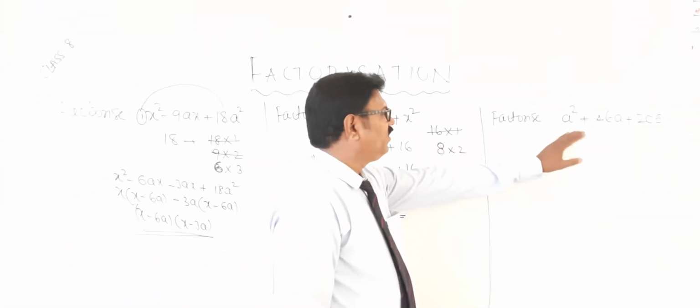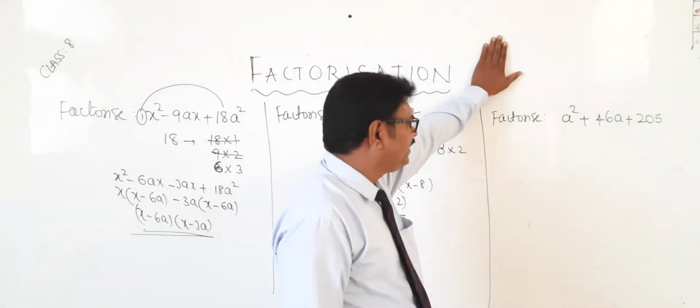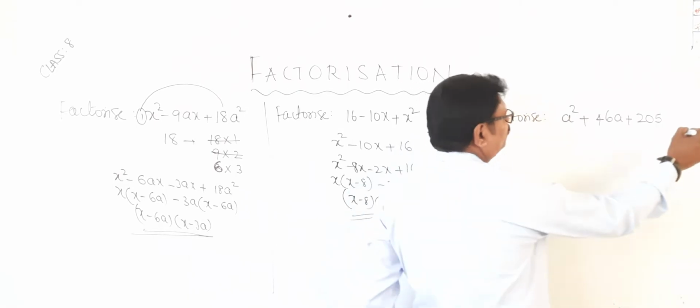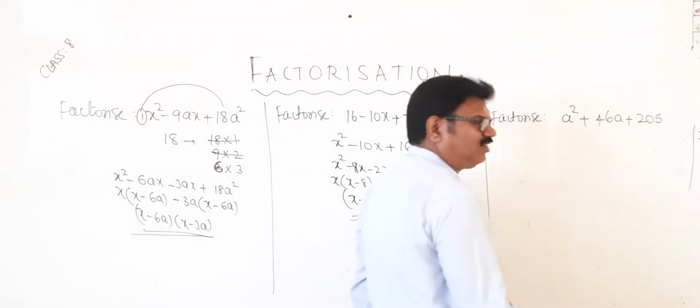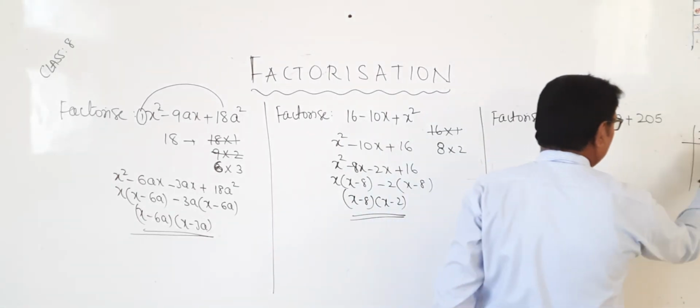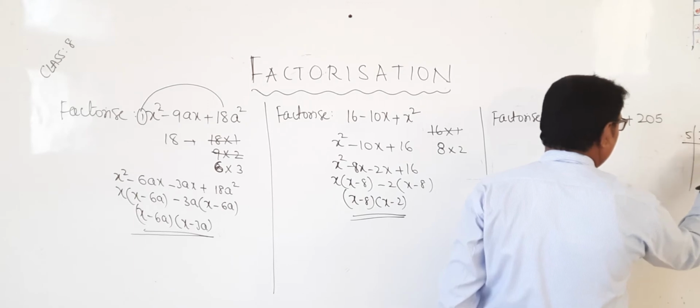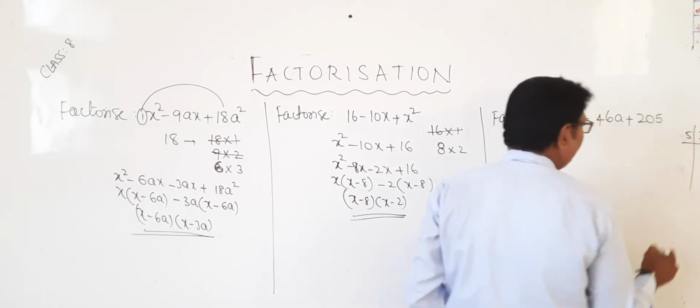Next, factorize this also: a square plus 46a plus 205. Very simple. Take 205. Since it is not a multiple of 2 or 3, and the last digit is 5, it is 5 into 41.